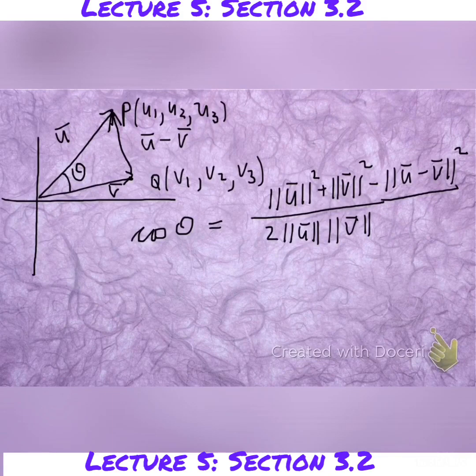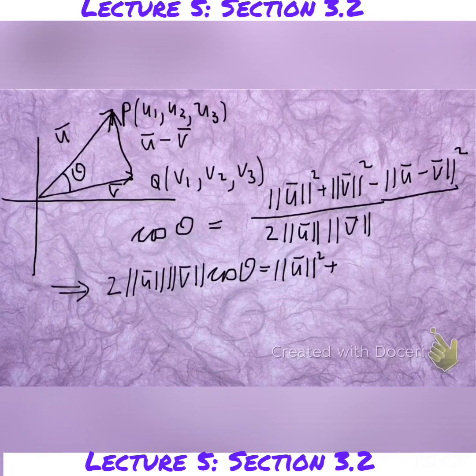So that is going to be basically 2 times the norm of u times the norm of v times cos of theta, and that is going to be the norm of u squared plus the norm of v squared minus the norm of u minus v squared.